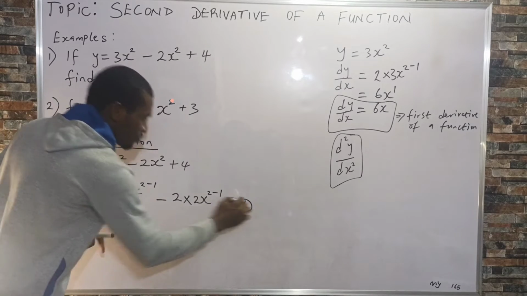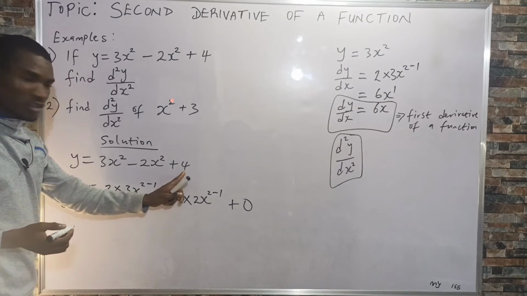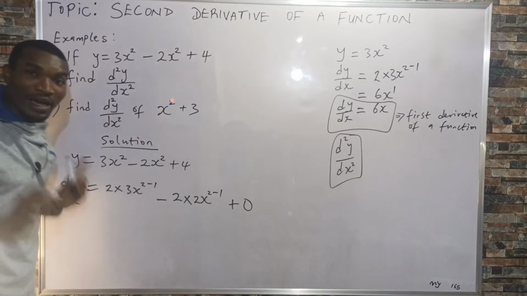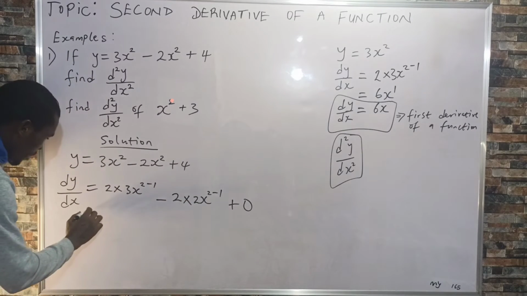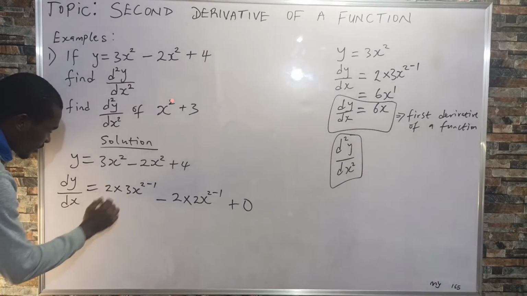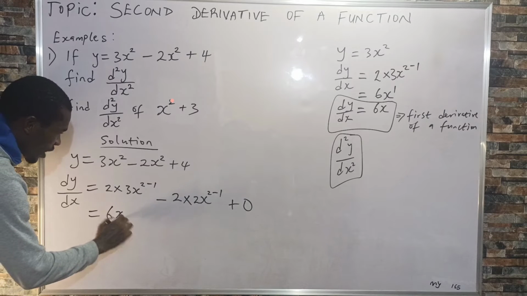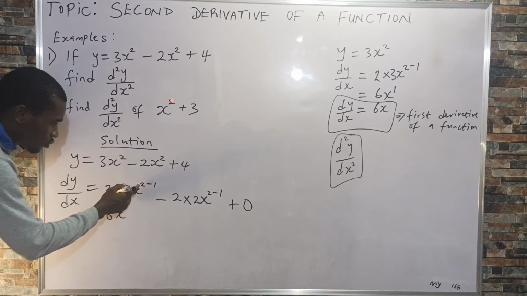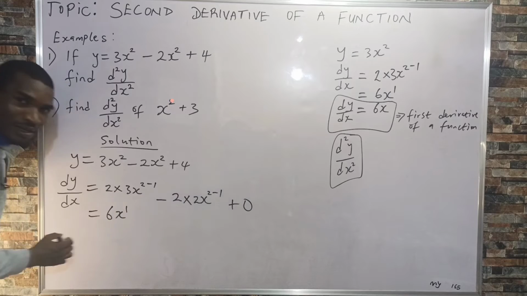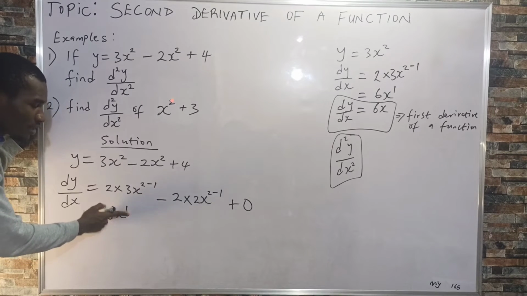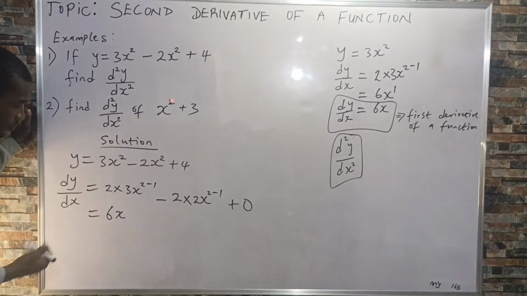Then plus 0. Don't forget that when you differentiate a constant, you simply have 0. Okay? Then we have that 2 multiplied by 3 will give us 6. Then we have x raised to the power of 2 minus 1 is 1. But any number raised to the power of 1 is still that number, so we remove the 1.